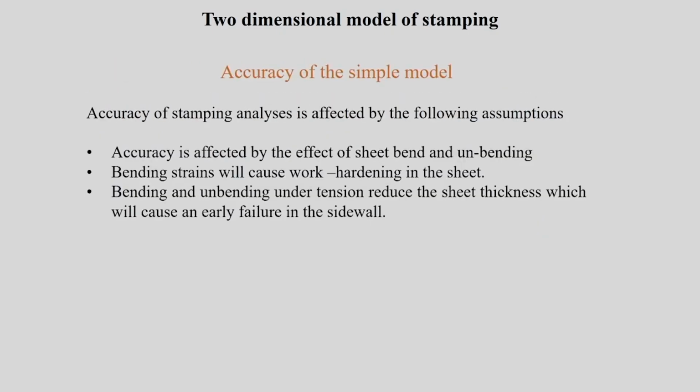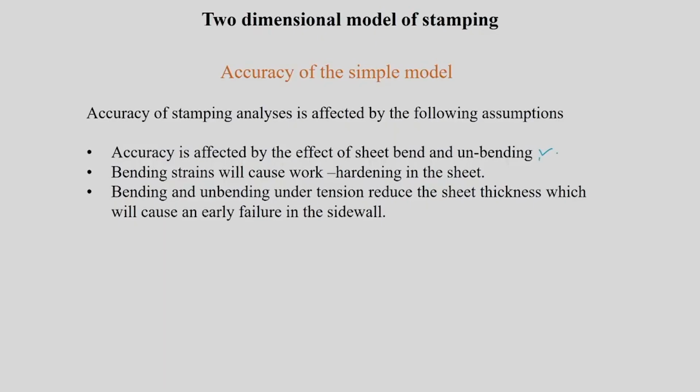You will see that the accuracy of this simple model depends on certain assumptions. Here we have not considered sheet bending and unbending, right? The sheet actually bends and unbends at a few different locations. We are not going to consider that, and because of that bending there will be strain hardening in the material, which we have also not considered.